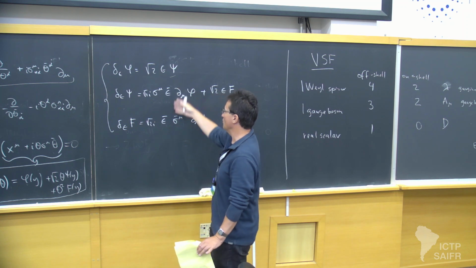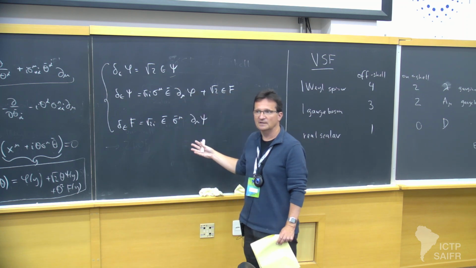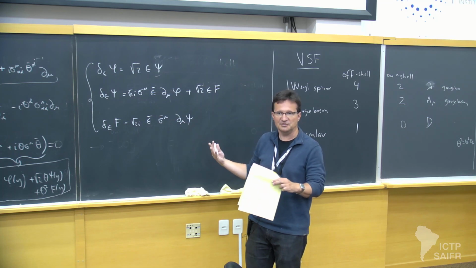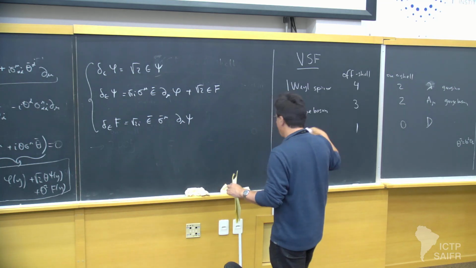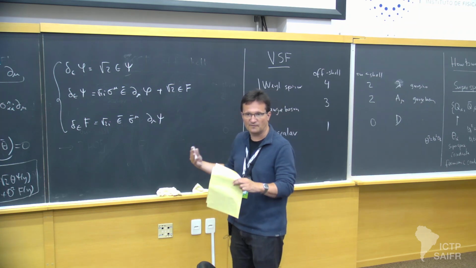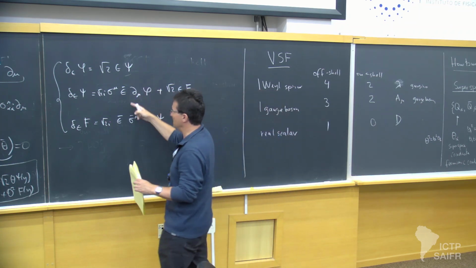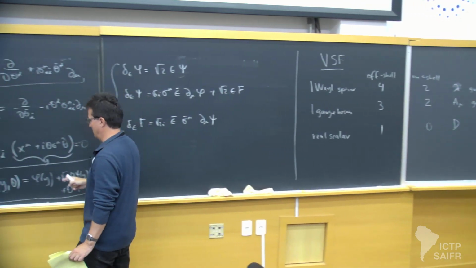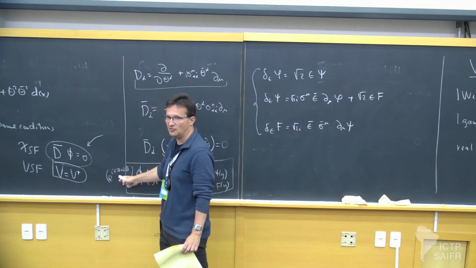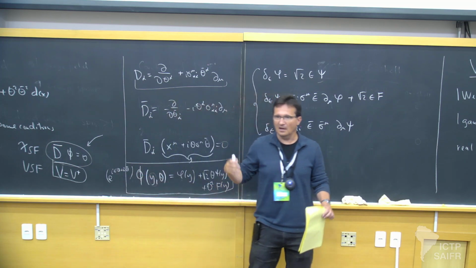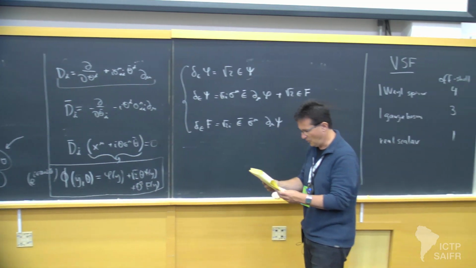People wrote down these weird transformation rules, and it was hard to understand where it was coming from and what the origin is. But using this roundabout way with superspace and superfields, it's actually relatively easy. Of course, I haven't completely shown you that this is the result, but I outlined how you can probably get it in less than a page, rather than doing several pages of algebra.